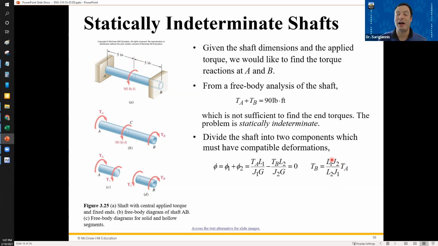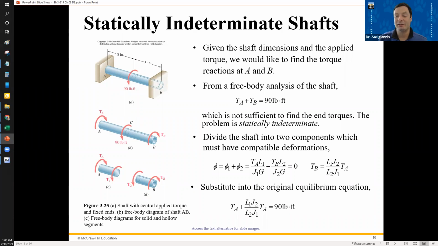Now you've got the polar modulus of section 2, the hollow one, over the polar modulus of the solid portion, and that gives you the torque in B with respect to A. So now you've got two equations, two unknowns, and you can solve for each of the torques.